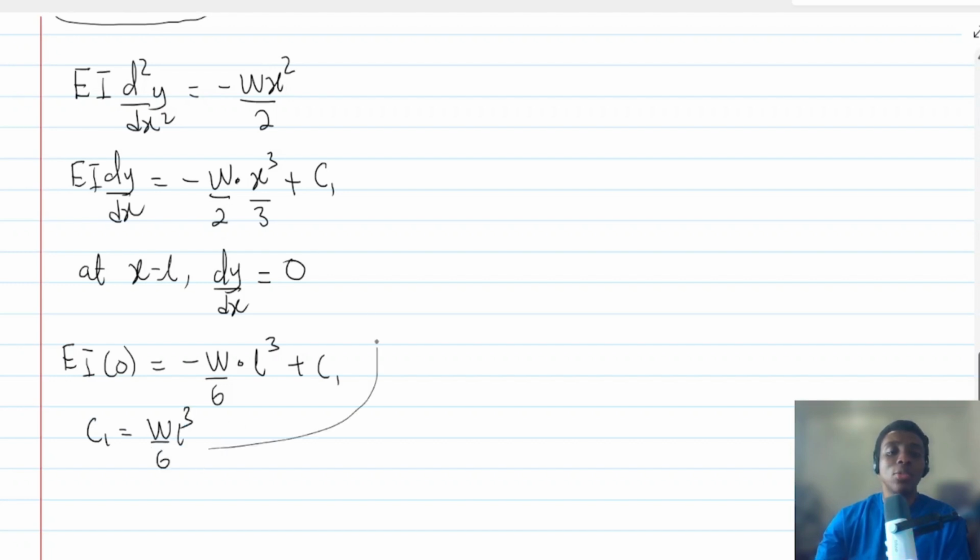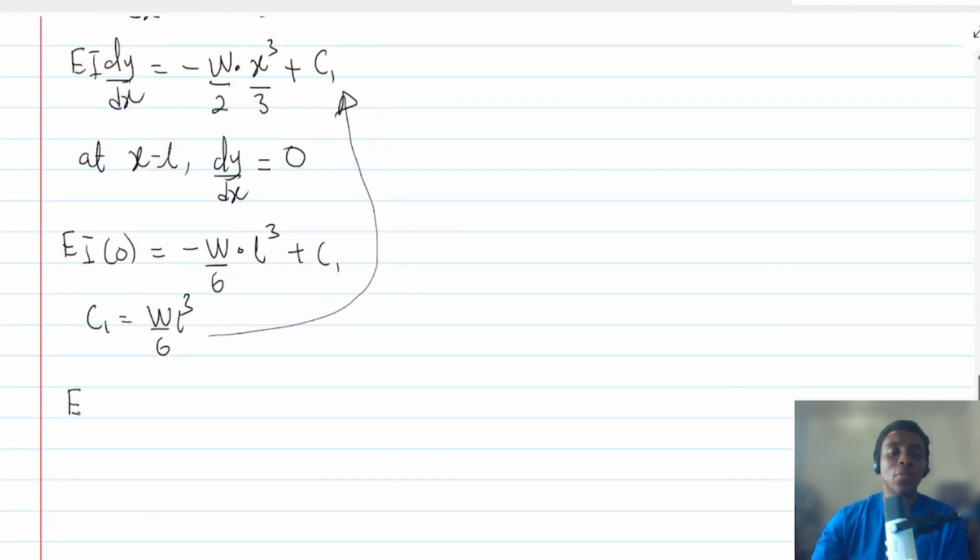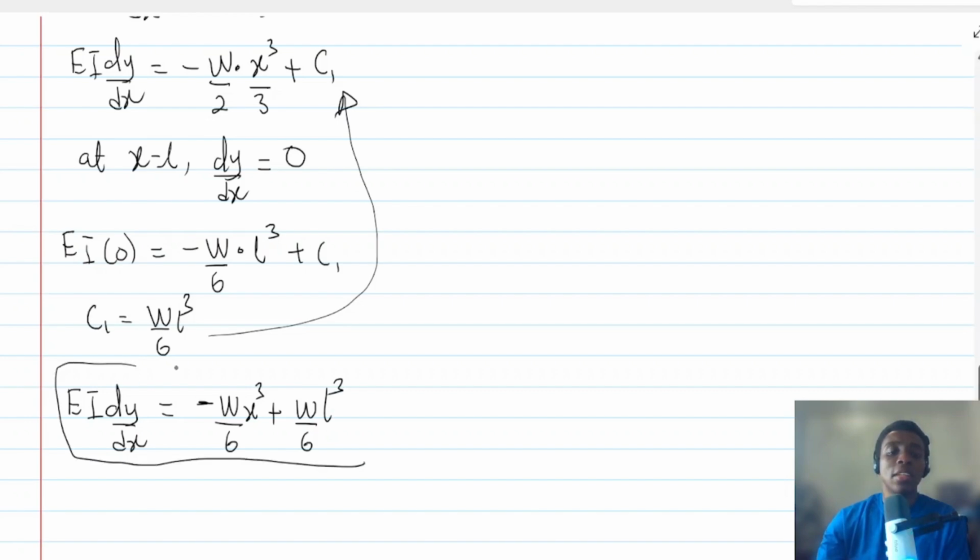Then we substitute the value of C1 back into the equation. EI dy/dx is minus w over 6 x cubed plus w over 6 L cubed. In fact, what we have right here is our slope equation.